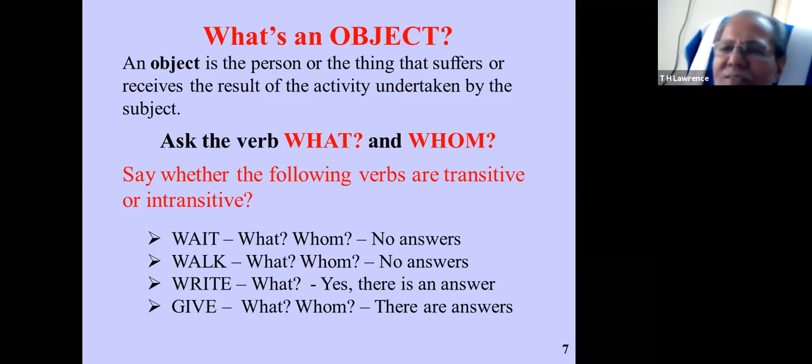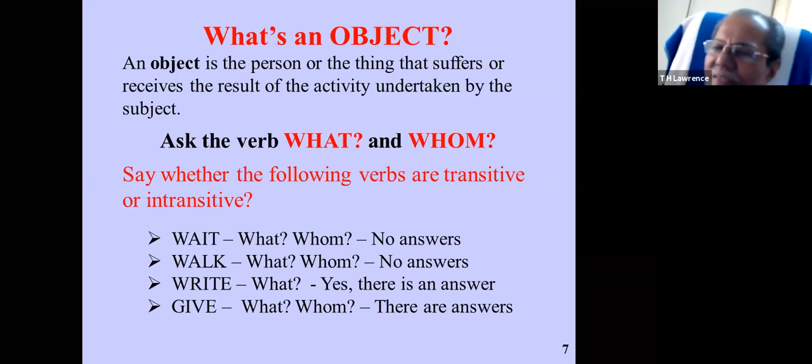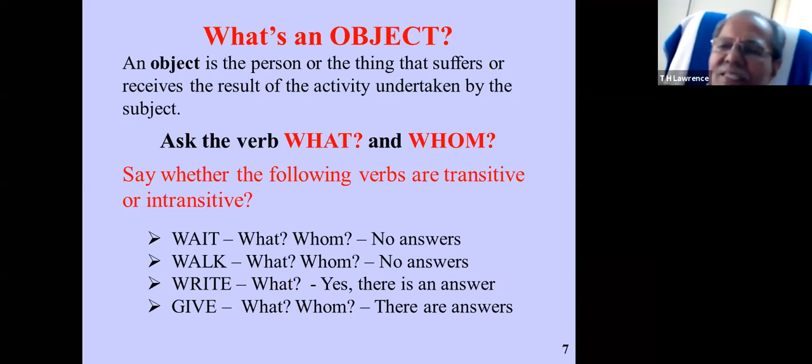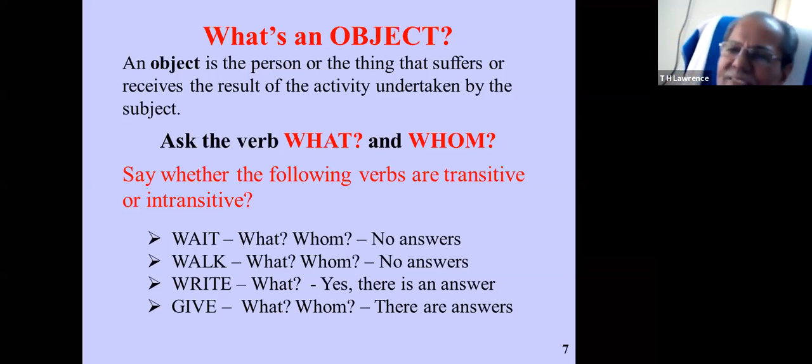So Rama is the subject here. What's the activity that he undertakes? That is killing. Then who suffers that, or who is the result of that? The sufferer is Ravana. So here, an object is a person or thing. Here it is the person Ravana. So in Rama killed Ravana, Rama is the actor or the subject, whereas Ravana is the object.